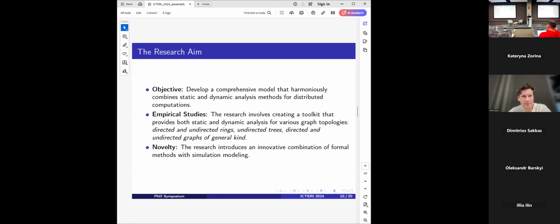We will also be focusing on empirical studies during the development of a specialized toolkit. This toolkit should be capable of performing both static and dynamic analysis across various graph topologies of network interactions.